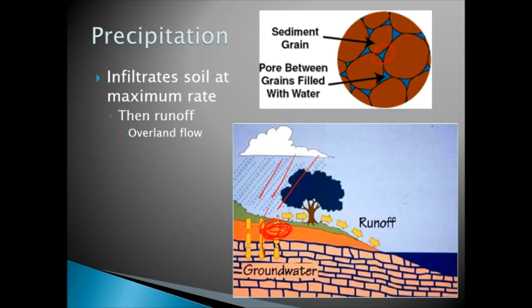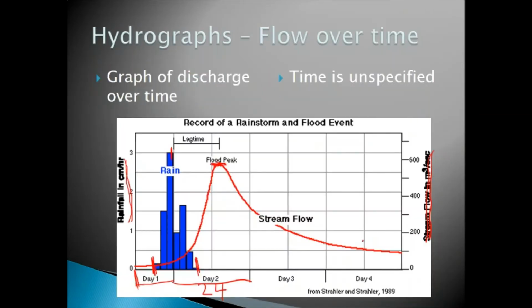Or let's say it just starts raining really heavy right away. You still have to get those pore spaces filled up, and then it takes time for the water to run off and actually make it to the river. So this lag time is going to be there no matter what. Even if a thunderstorm comes and dumps a bunch of rain right away, you're going to have this lag time.